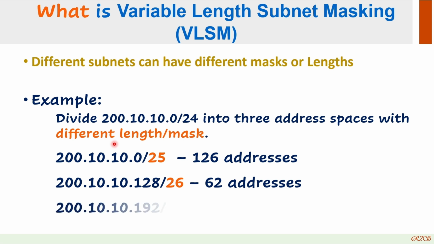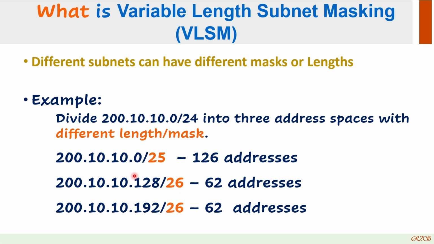When we divide, we get one subnet with subnet mask /25 and two other subnets with a network prefix length of /26.